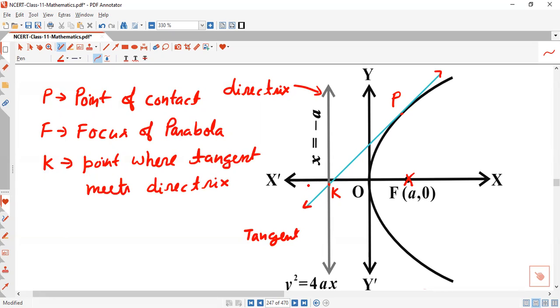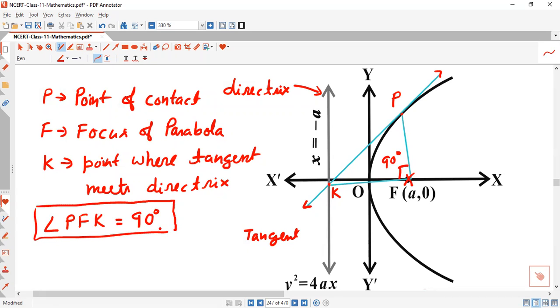So let's see what the angle is. This angle is very important. This angle PFK is always 90 degrees.